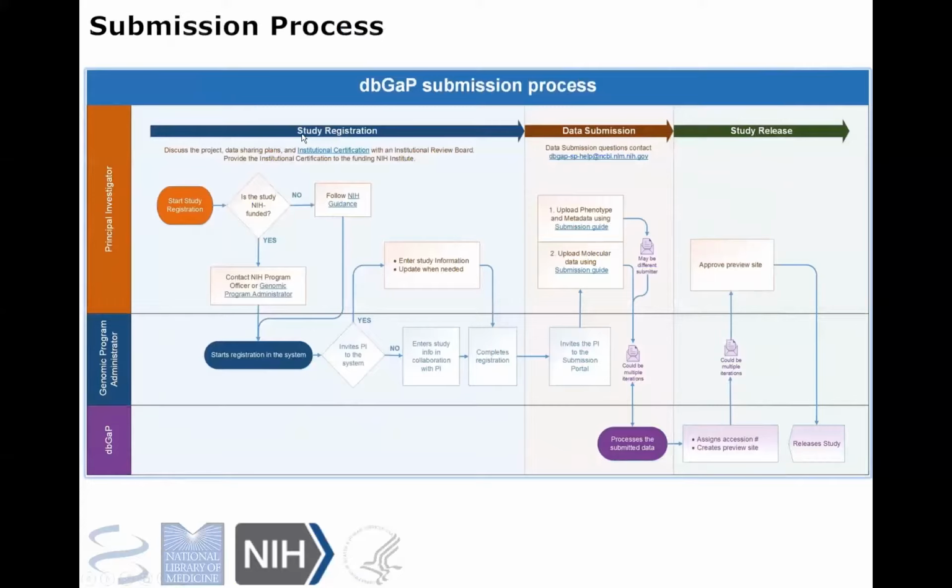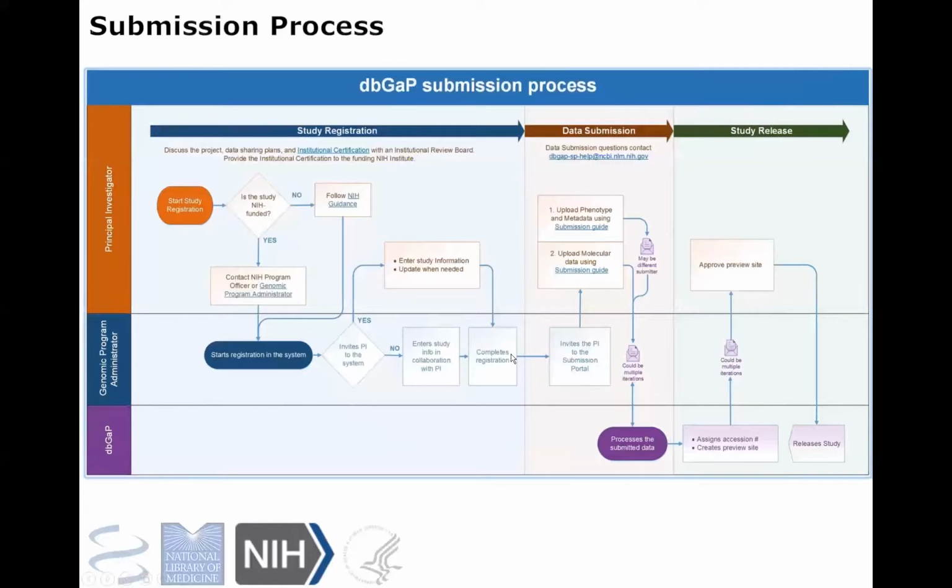This institutional certification basically says that your institute agrees to you sharing the data through a controlled access system and dbGAP. And once the institutional certification and some other study level information is entered into the registration system, it can be completed.